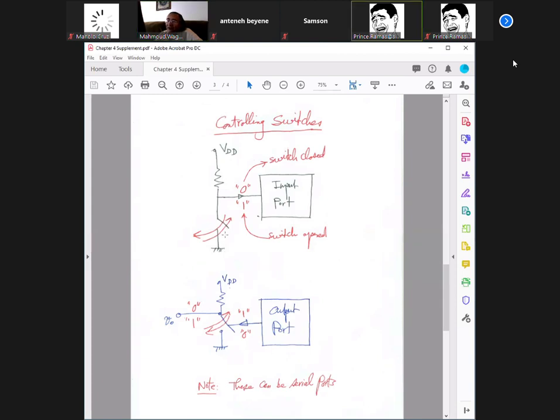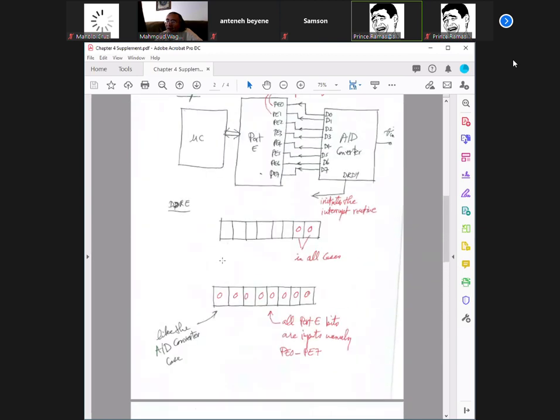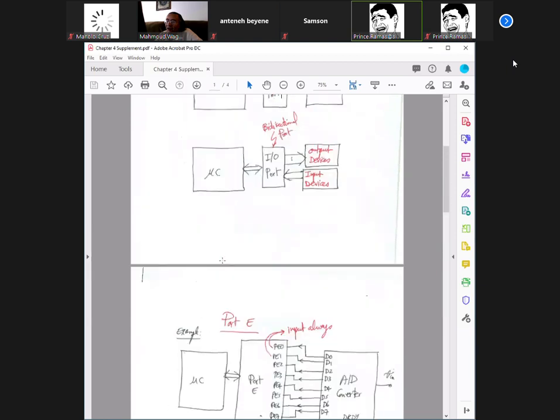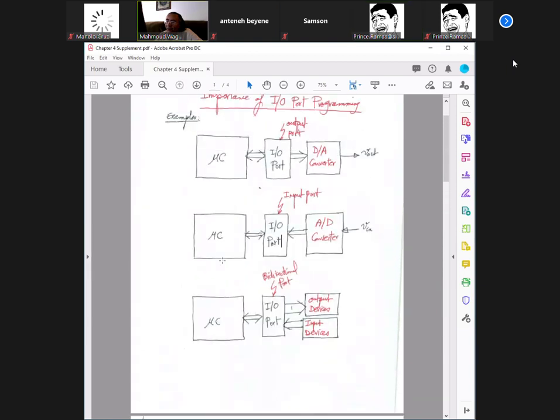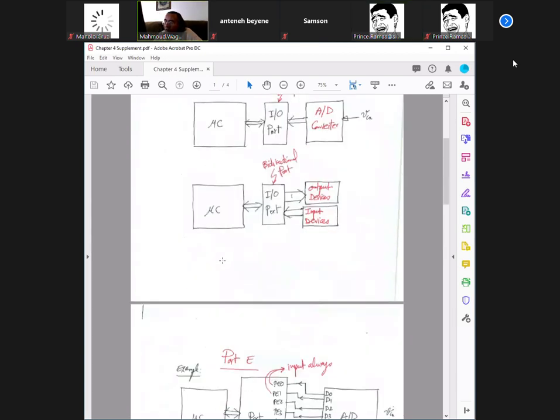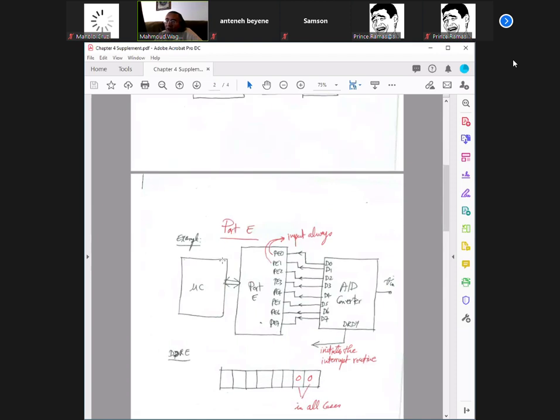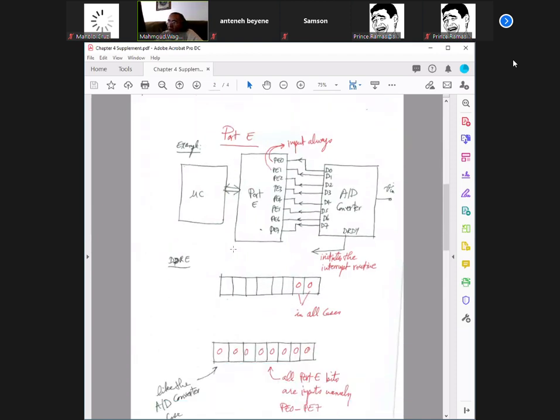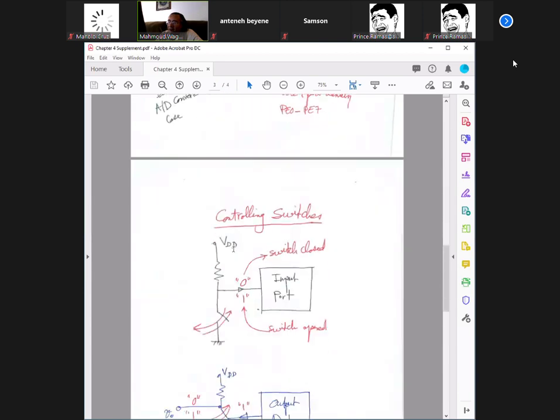Professor, I have a question. For the input-output port, can that also be called a network port? Or is that something else? Can it be called what? Network port. No, it's not the same thing. I'm sure you must have heard this terminology in another course, but it's a different jargon.